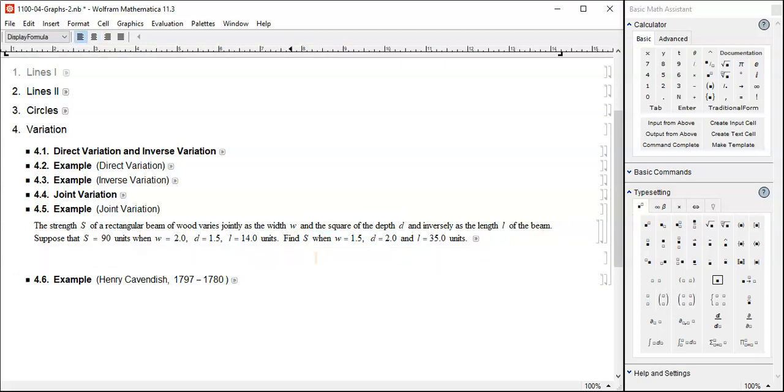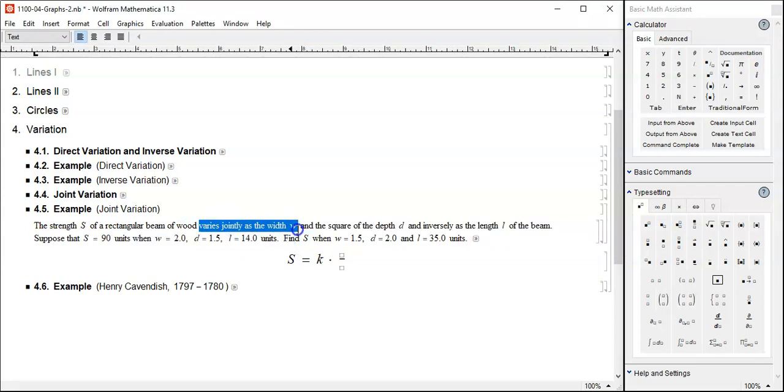Okay, all right. And let's write that variation equation. Remember the 4-step process? Step 1 is the variation equation, and let's get it done. S is equal to K times, okay, times something. All right, what goes to the numerator? The direct variation.